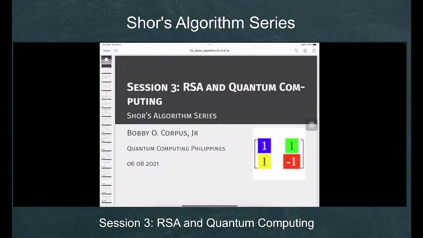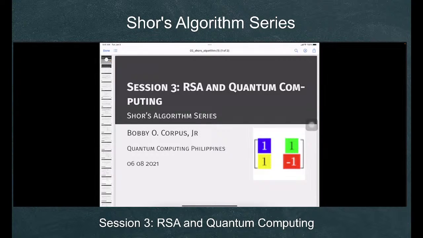Installment of RSA, the Shor's algorithm series. Our session 3 is RSA in quantum computing. So what we'll do here is discuss the theoretical basis of Shor's algorithm.